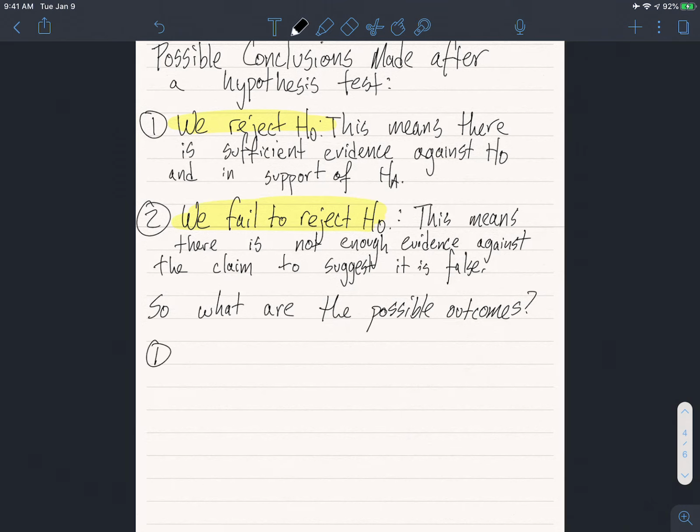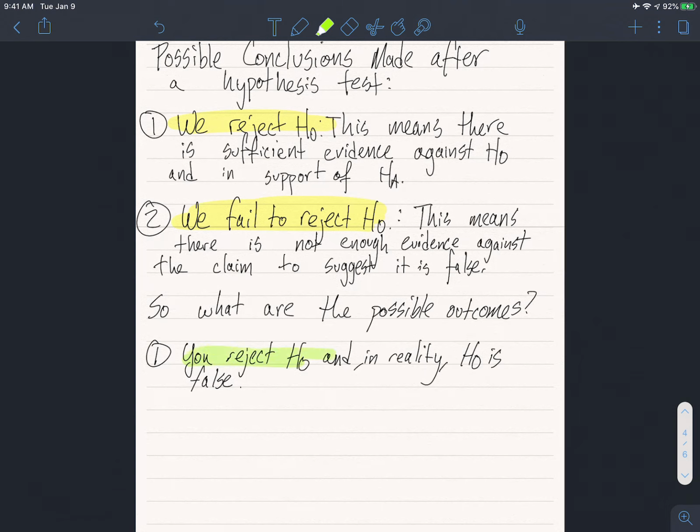Let's say the first possible outcome: you reject H0 and in reality, H0 is false. This is good.